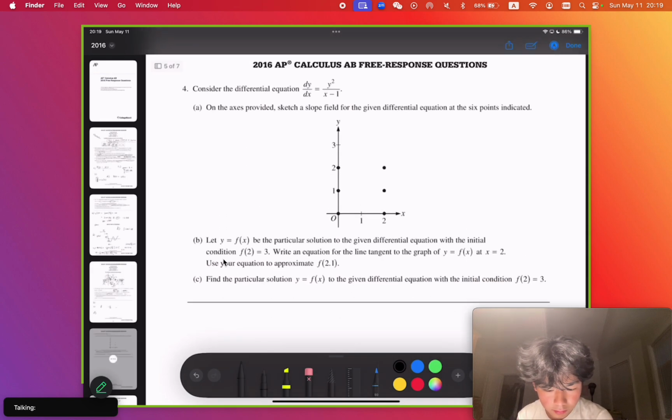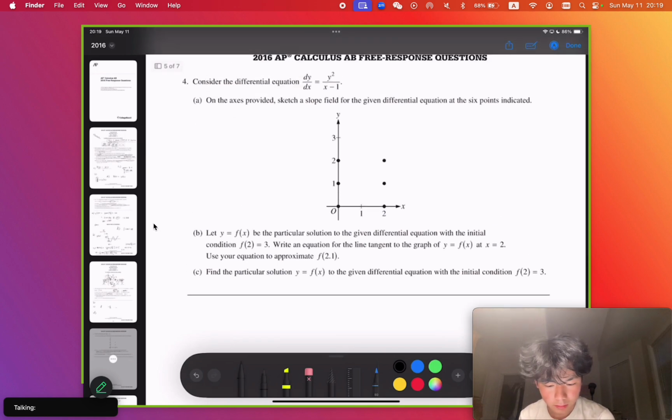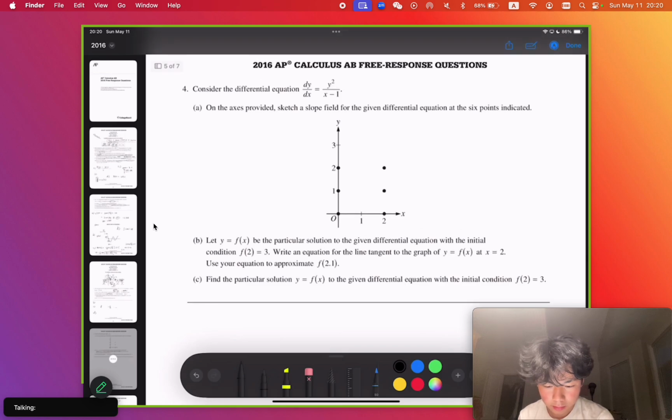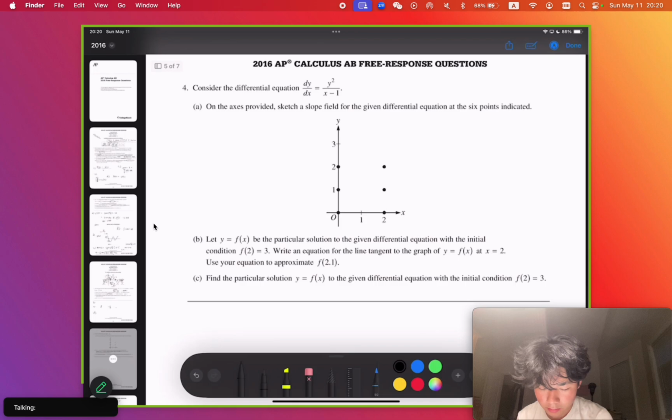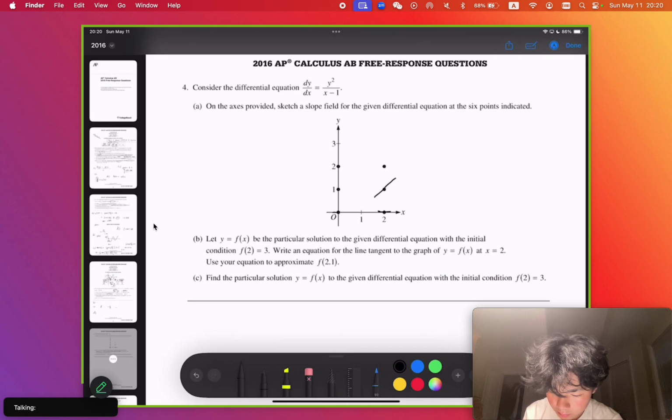Okay, so for the differential equation, I like this. So slope field, just plug it in, I guess. When it's 0, it's -1, 0, it's just 0, so 0. And then when it's 2, it's 1, and it's still 0. And then when it's 1, you get 1, so it's this.